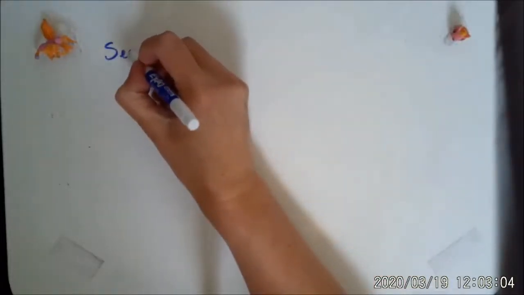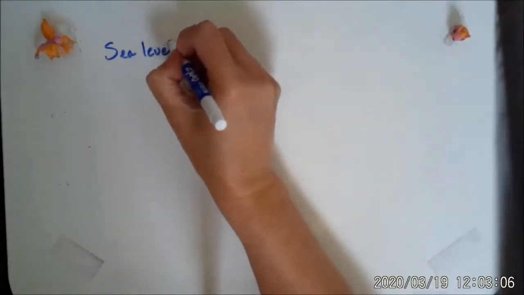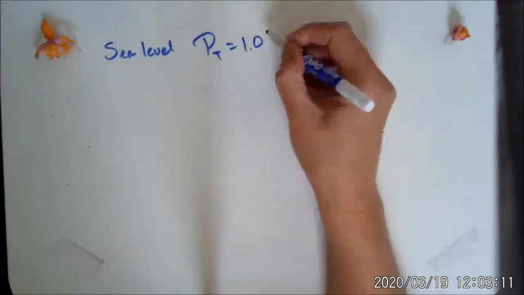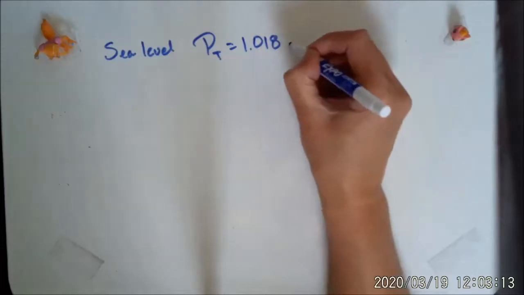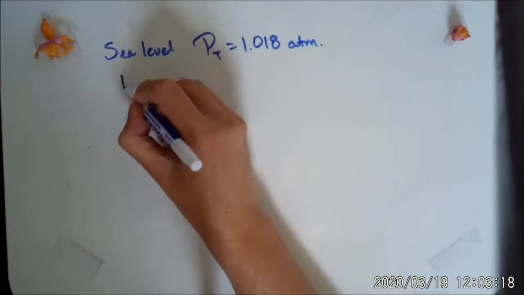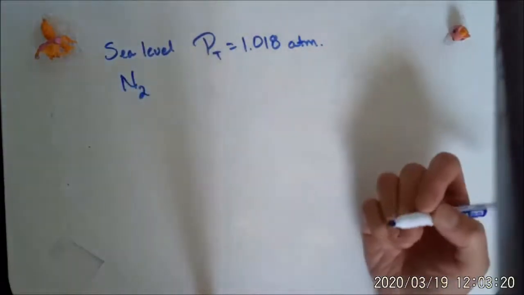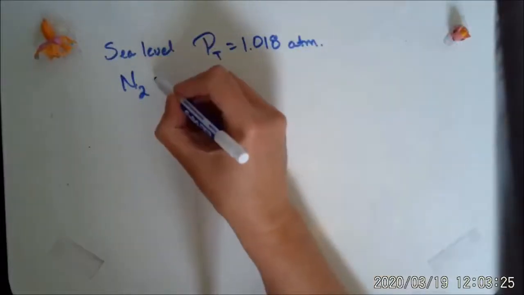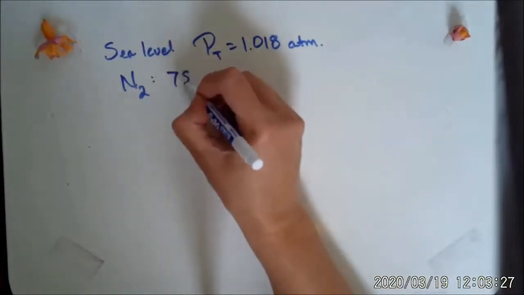At sea level, let's say my total pressure is equal to 1.018 atmospheres. We know that the mole percentage of nitrogen in air is about 78%.